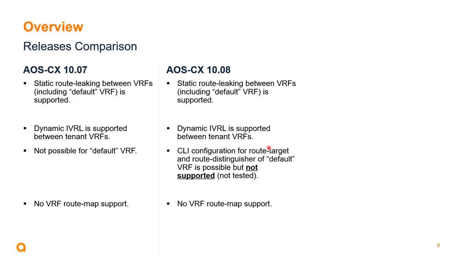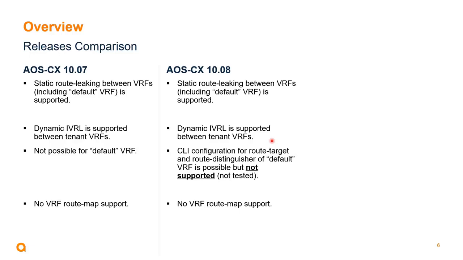In 10.08, we have the same support for static route leaking, but for dynamic IVRL, the CLI configuration has been modified and changed in order to support the new VRF for the default VRF configuration. So new configuration for default. You could access the route distinguisher and the route target definition in the CLI. That was introduced in 10.08.